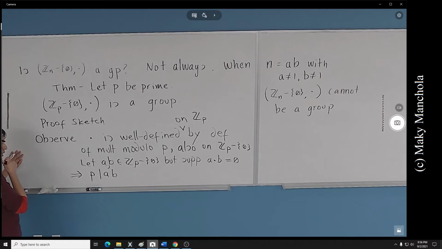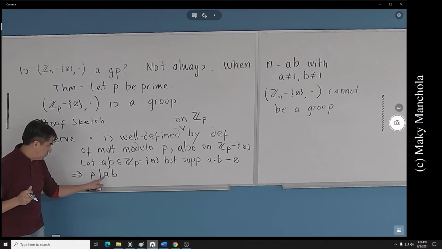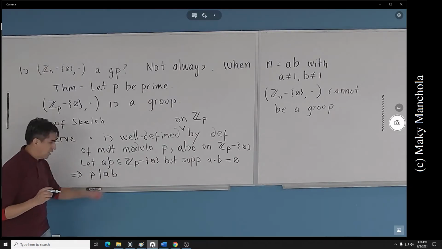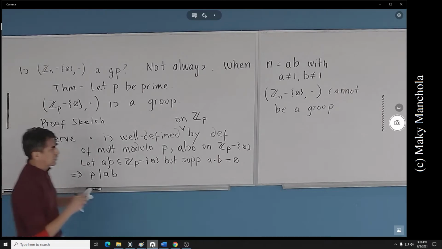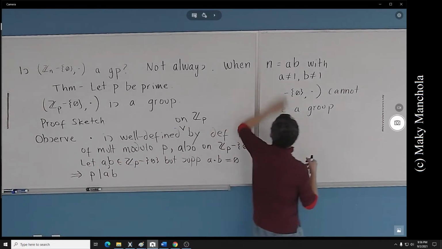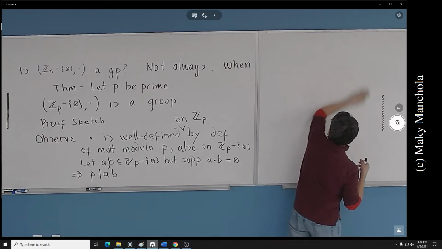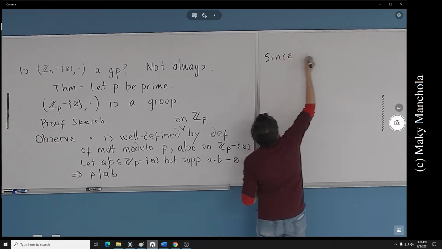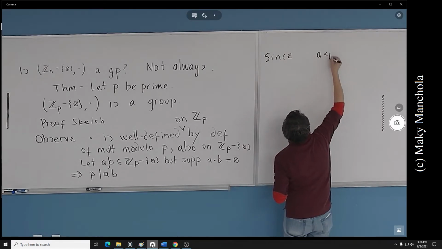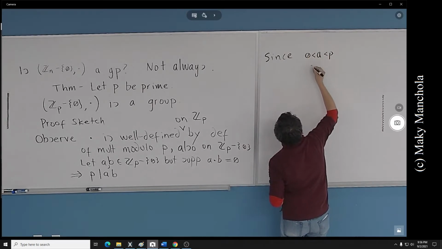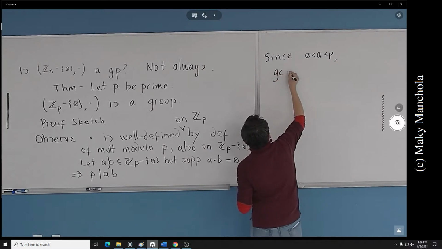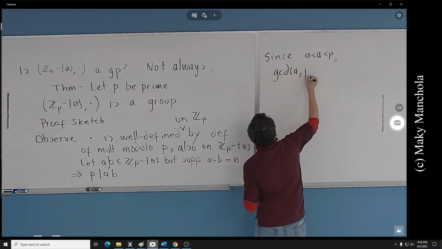But if p divides AB, let's observe that p and A cannot have common factors, and p and B cannot have common factors. So that's where the problem is going to arise. So observe, since A is less than p and greater than 0, the greatest common divisor between A and p has to be 1.